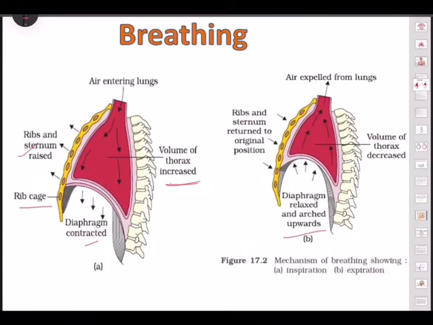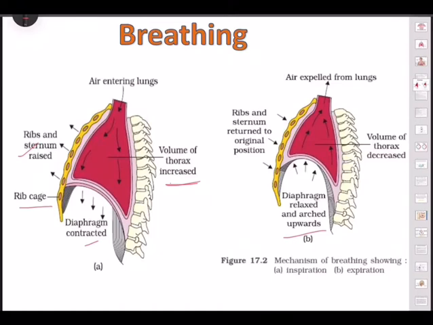Inspiration occurs when the pressure within the lungs, the intrapulmonary pressure, is less than the atmospheric pressure. There is negative pressure in the lungs with respect to atmospheric pressure. Inspiration is initiated by the contraction of the diaphragm, as I said just now, which becomes flat and gets lowered.